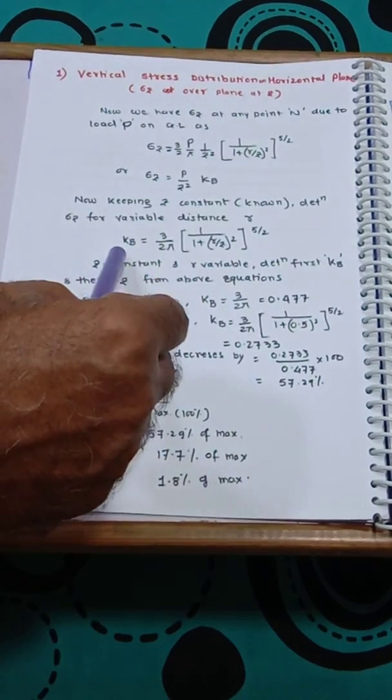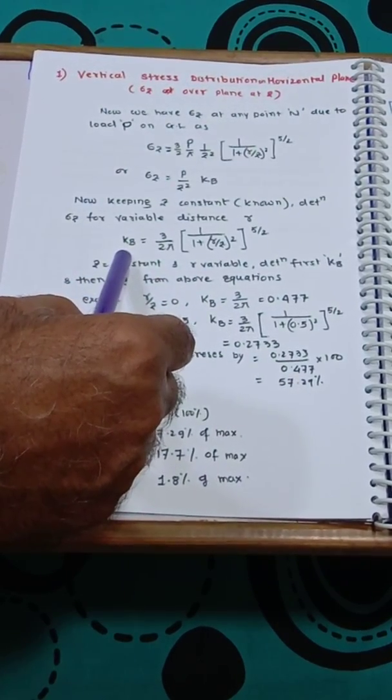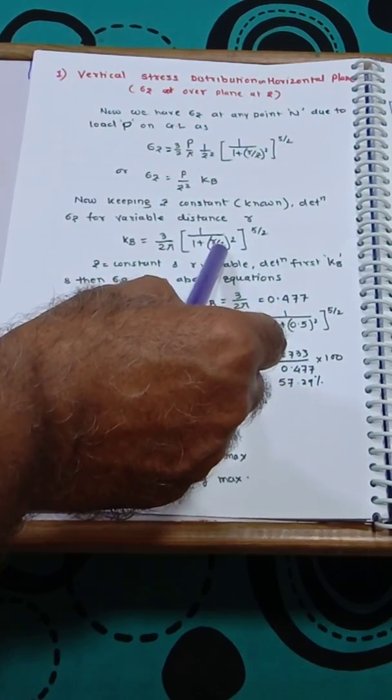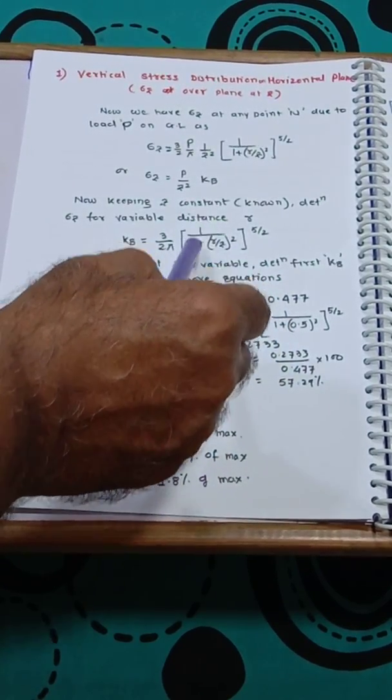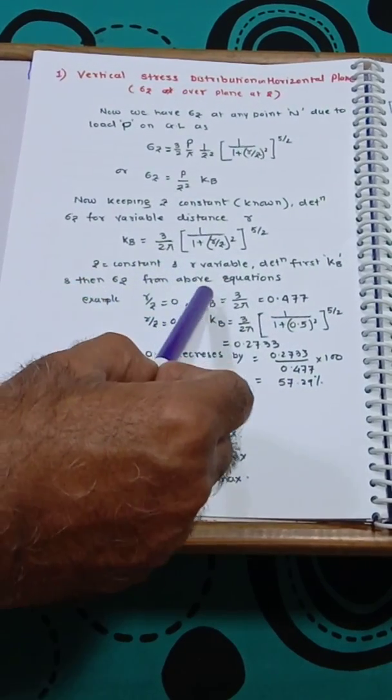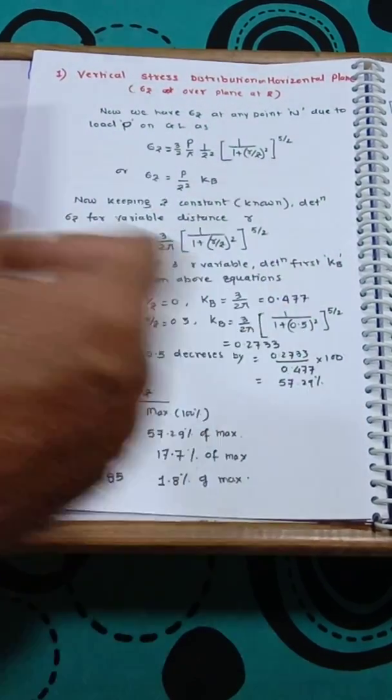Then what do I get for Kb? This part is 0, so 1 upon 1 to the power is 1, and the entire term is 1. I get 3/2π, which is 0.477.